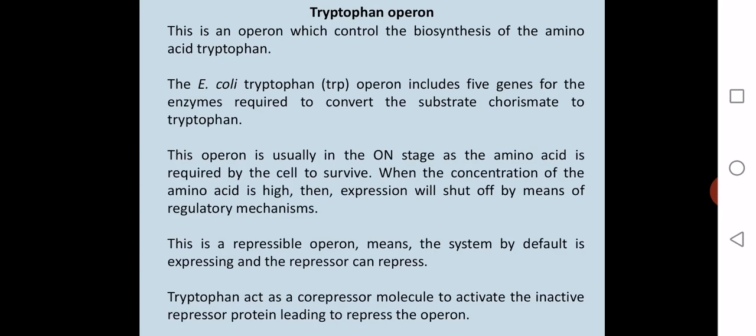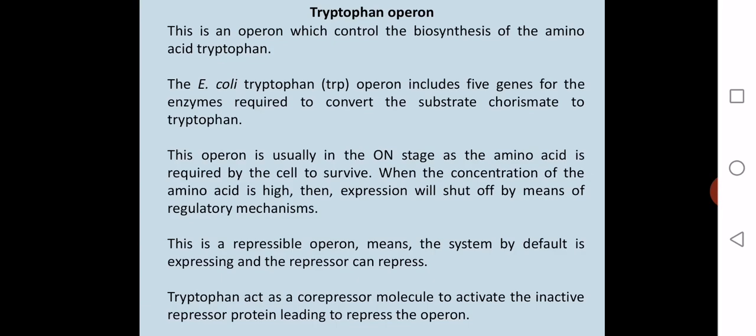Whereas the one we discussed, the lac operon, was an inducible operon, where the operon is in the off stage by default, and the inducer will induce the system, the process we discussed as induction. At the same time, in the trp operon, the system by default will be in the on stage.